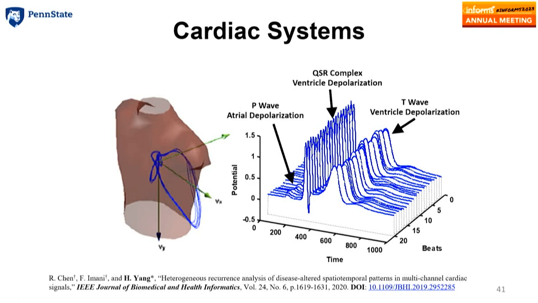So if you want to get a comprehensive idea about the heart, you've got to look at the heart from multiple angles. That's why if we only rely on one-dimensional EKG, sometimes we can miss very important disease or cardiac events.